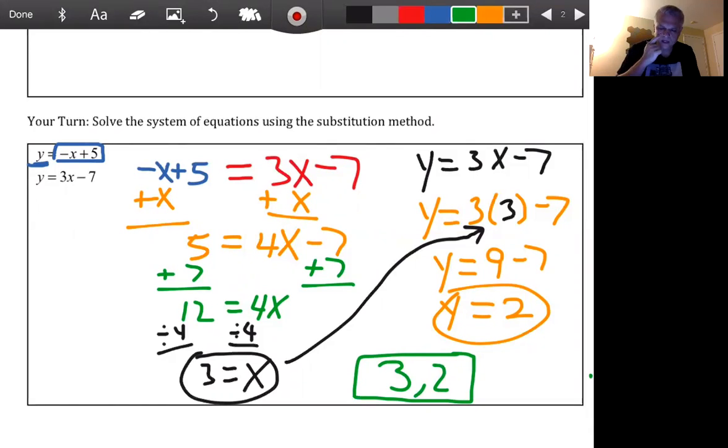Frequent mistake: sometimes people forget that there's an invisible 1 when you don't write anything in front of a variable. So that's like minus 1x, so you add plus 1x on both sides. 3x plus x is 4x. That's a very common mistake, so watch out for that. When I got this answer, I did go back and check it, but I'm not going to write all that down because I'm going to keep this note session as short as possible.